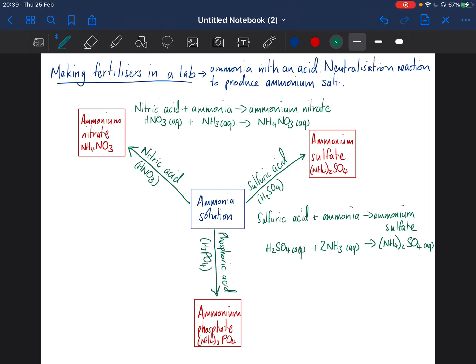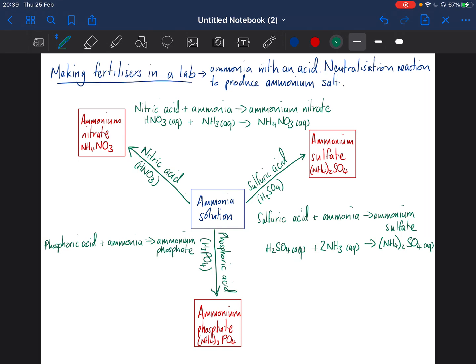And then lastly, we have our equation to create ammonium phosphate. So we're going to react phosphoric acid, and I'm going to try and make sure I don't run out of space on this one, with ammonia, and that's going to make, and I've failed miserably, guys, ammonium phosphate.